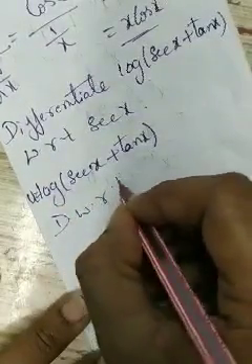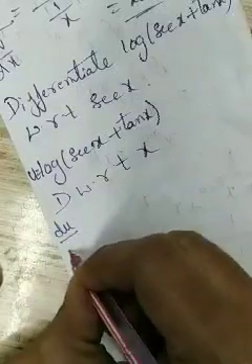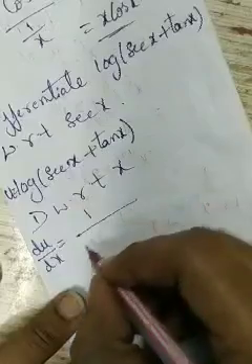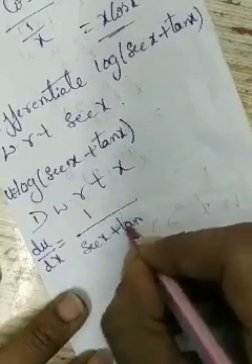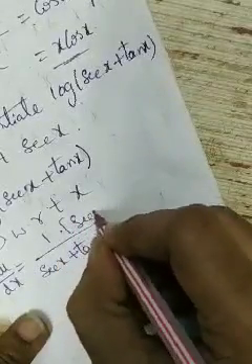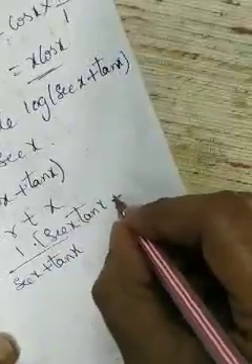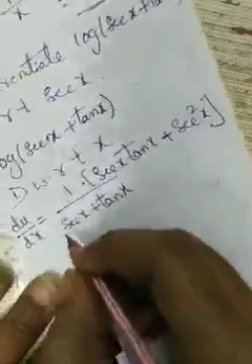So differentiate it with respect to x. It becomes du by dx is equal to log x derivative is 1 by secant x plus tan x, into secant x derivative, secant x into tan x, plus tan x derivative is secant square x.